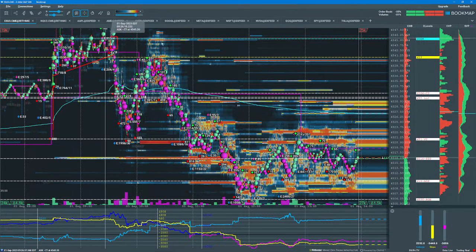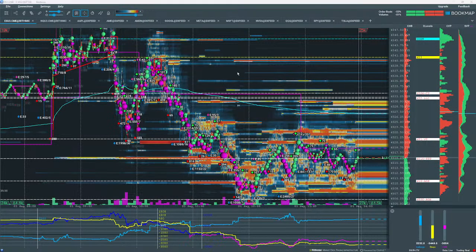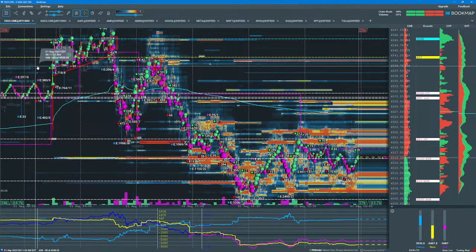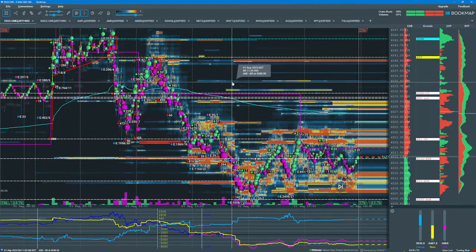And I have the two SPY alerts marked. And you can see from the book map chart, these were great alerts for a short. All right, let's zoom in on this, and we'll take a look at the clues in order flow.